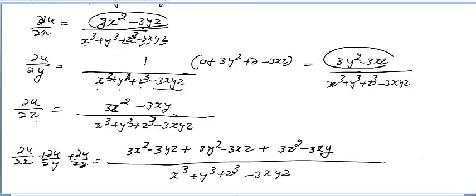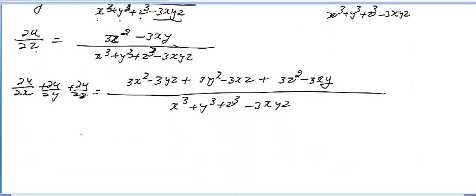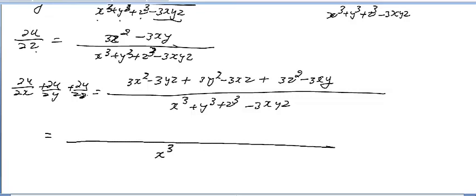So it is very interesting to see. Now you can rearrange all the terms. The denominator is the same, x cube plus y cube plus z cube minus 3xyz. So 3 is common in each of the terms.